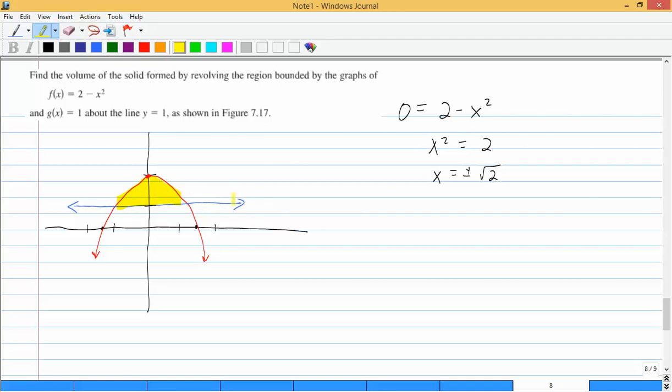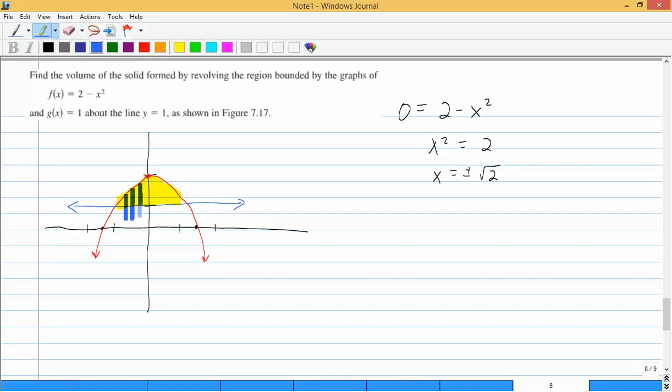And so the way that we calculate the height of each rectangle, which in turn is the radius of each disk, is by taking the difference in the top curve and the bottom curve. I'm just going to draw a couple of rectangles up here to show you, each time that we take this rectangle and we revolve it, it's just reflected about that line and it makes a disk.